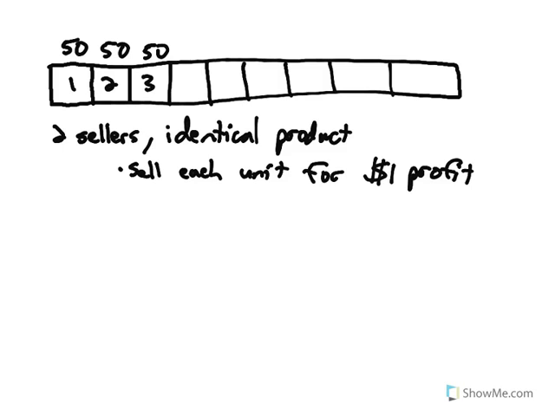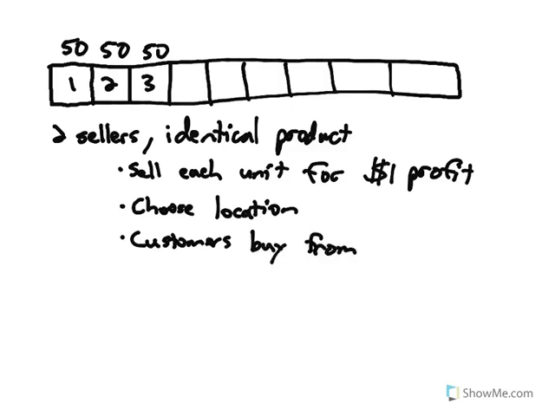These sellers are going to have to choose a spot on the boardwalk. So they're going to choose a location. And then, given that location, customers on the boardwalk will buy from the nearest seller.